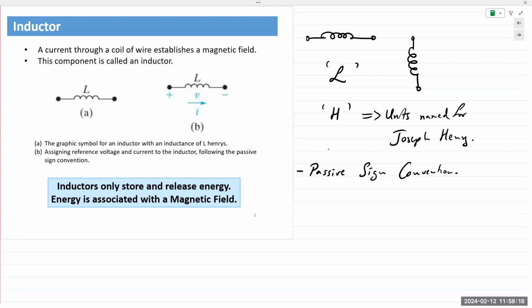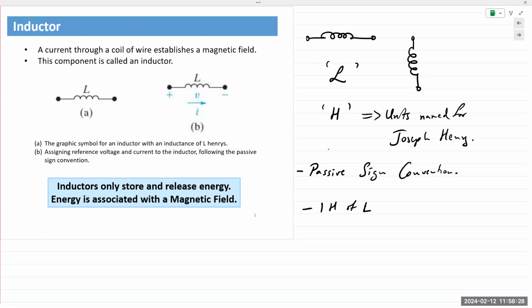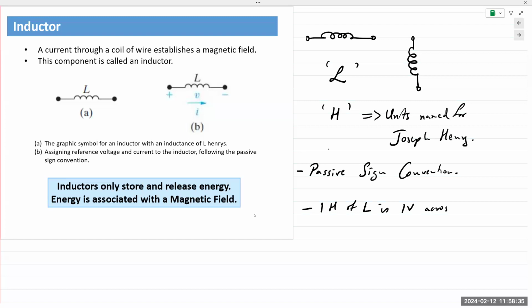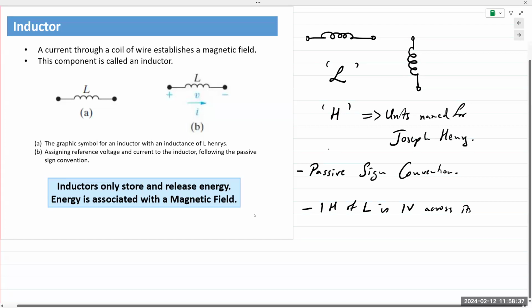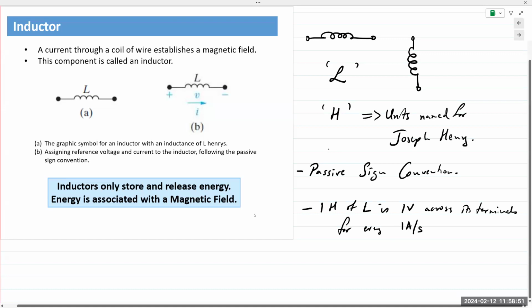Quite a mouthful, but don't get too bogged down in there. 1 Henry of inductance can cause 1 volt across its terminals for every change in current at the rate of 1 amp per second.